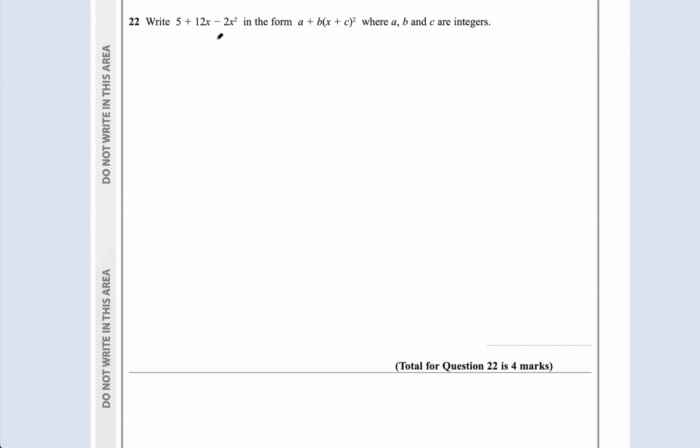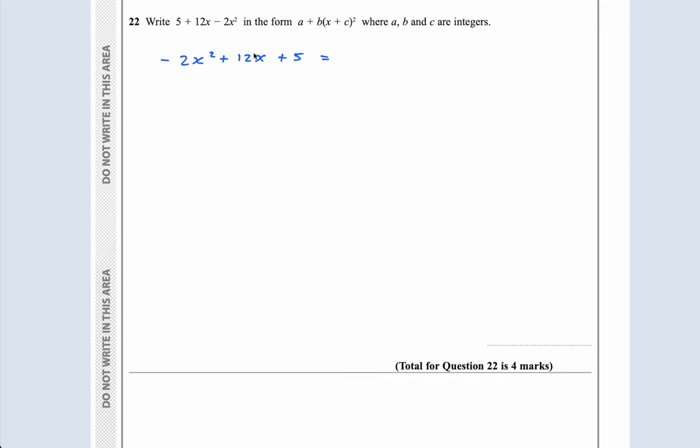So this is what we do. First thing is I'm going to write this as minus 2x squared plus 12x plus 5. Why? Because that's what I'm used to. I'm used to this ax squared plus bx plus c, the x squared term first. I can rewrite it in this form after.